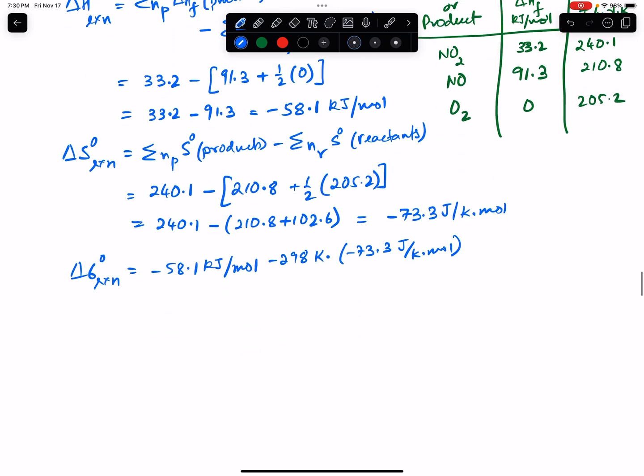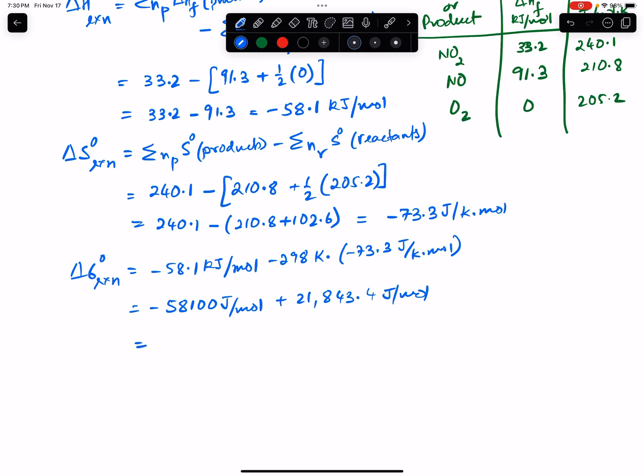Now, one thing to notice out here: you have joules out here, but you have kilojoules out here, which means we have to change this to joules. So we have to multiply by 1,000. So minus 58,100 joules per mole. That's what it becomes. And then the right hand side simplifies to, if you multiply these terms out, plus 21,843.4 joules per mole.